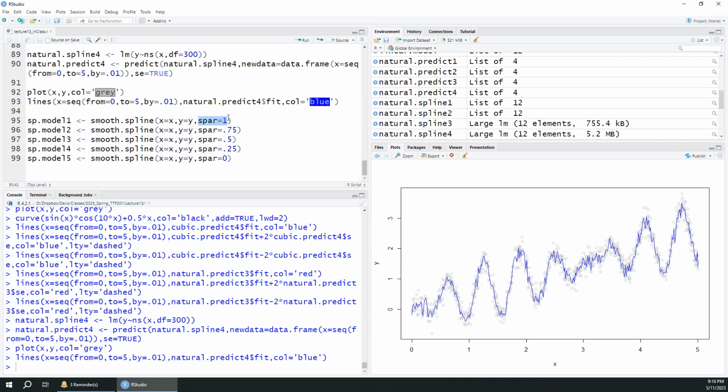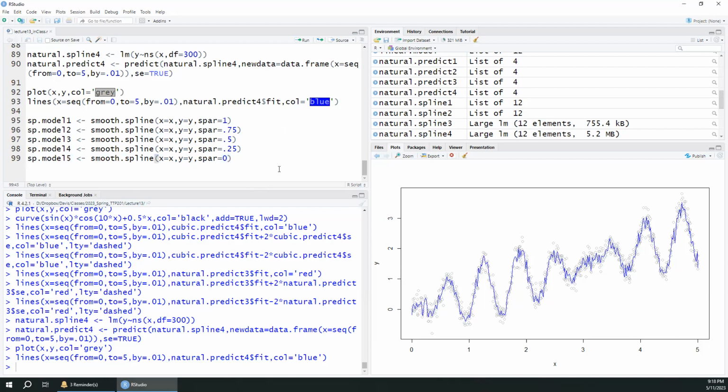And so again, the larger the tuning parameter, the less the line is able to change direction, and the smaller the tuning parameter, then you're more able to take advantage of all of those knots to make your line go all over the place.